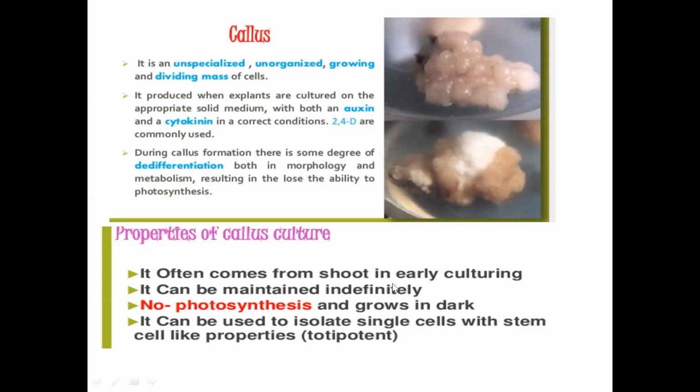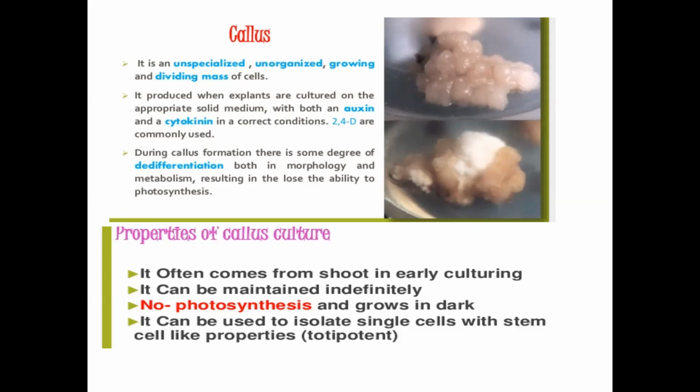So properties means it often comes from shoot in early culturing. You put in any explant, the first thing to develop is a callus. You can maintain it indefinitely. If you want to maintain a particular culture as callus, you can maintain it indefinitely. You can grow it in dark, it doesn't require any special lighting.